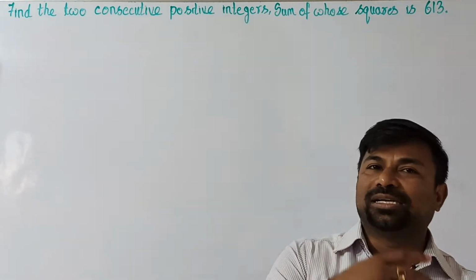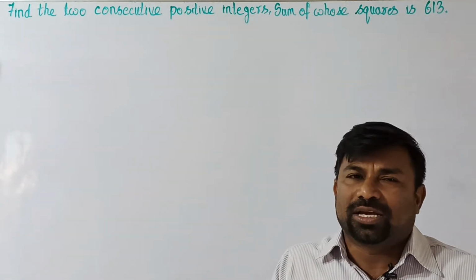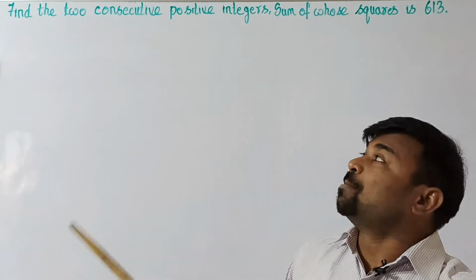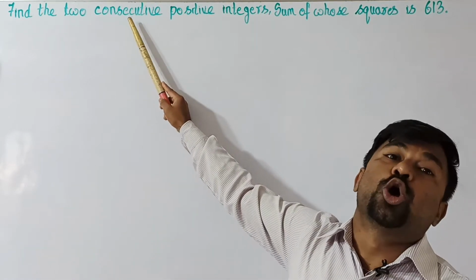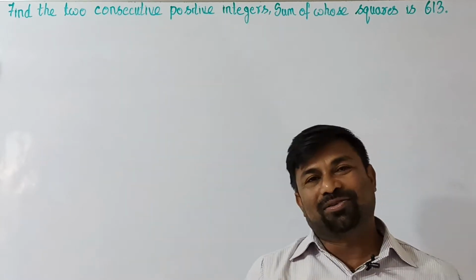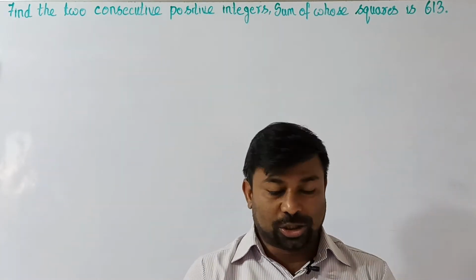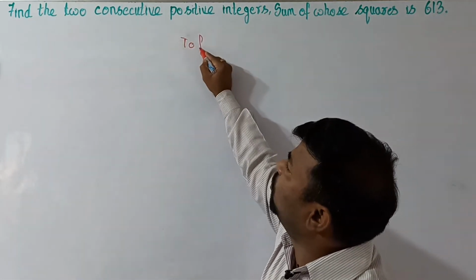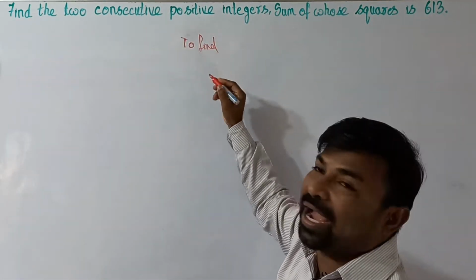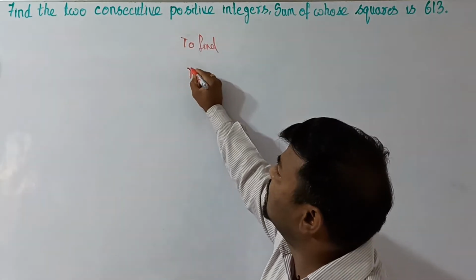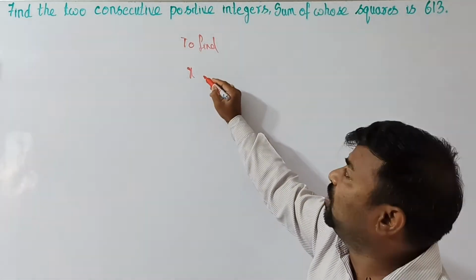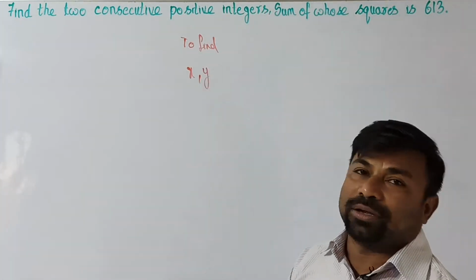Now, what is the relation he has given? The first relation is that we have to find two numbers, and they are consecutive. So let me touch base. To find our two numbers, let's take them as x and y.